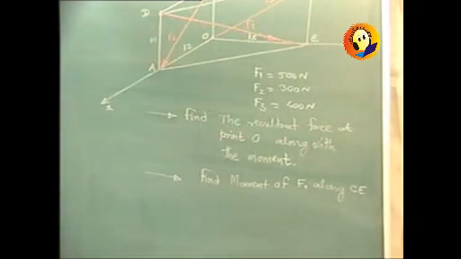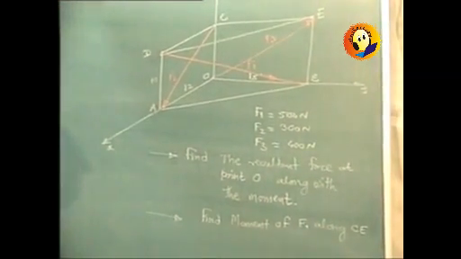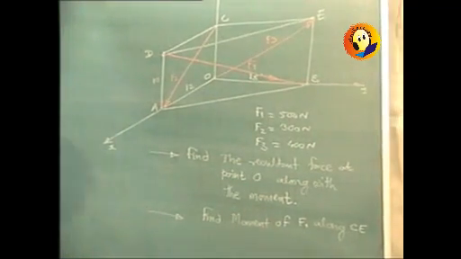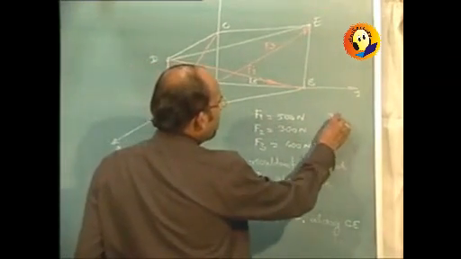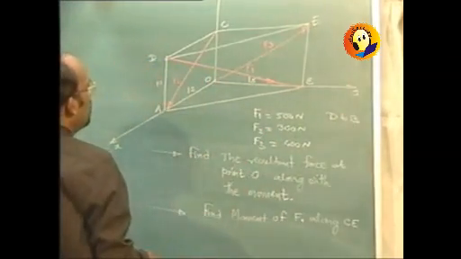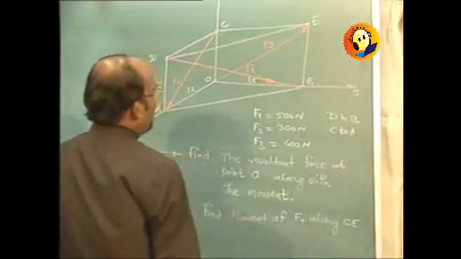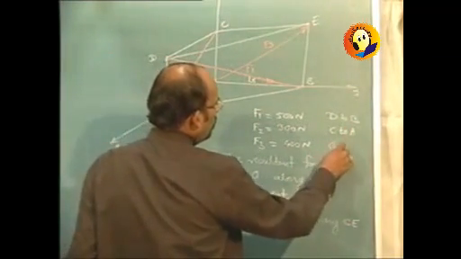Find the moment of F1 along CE. So this is the type of problem that we have. Now F1 is acting from D to B. F2 is acting from C to A. And F3 is acting from O to E.